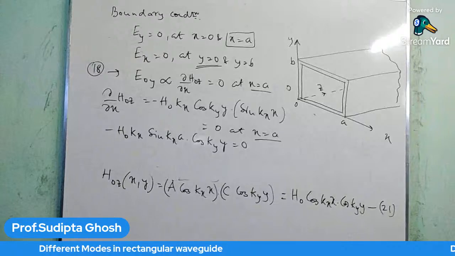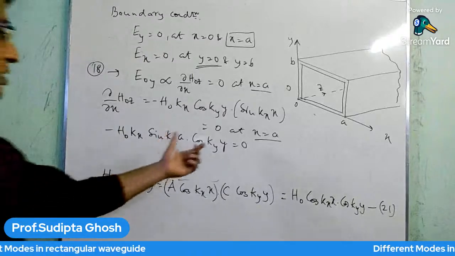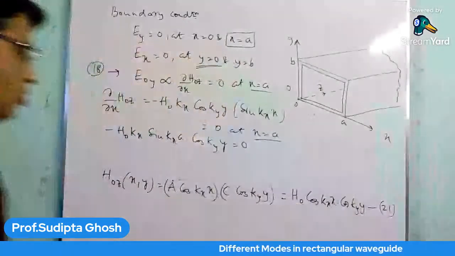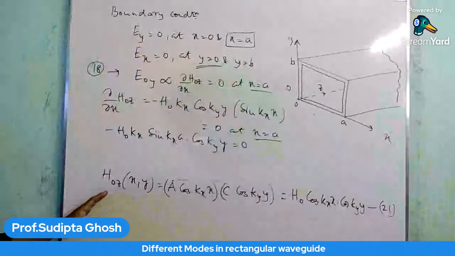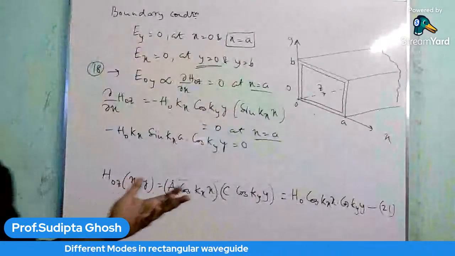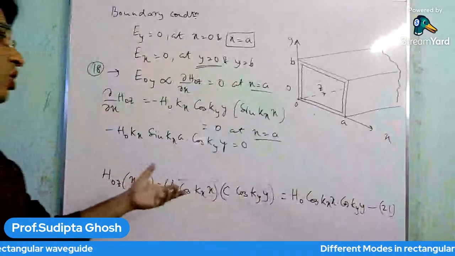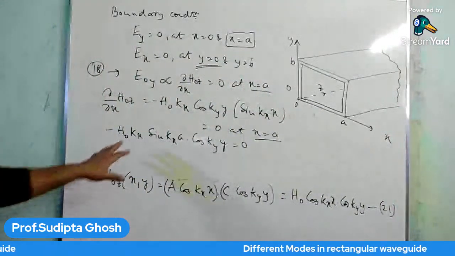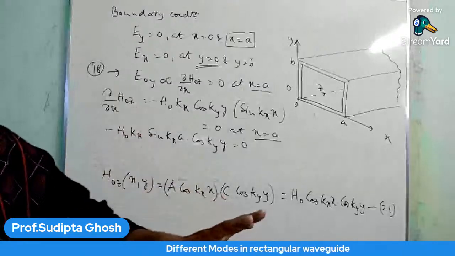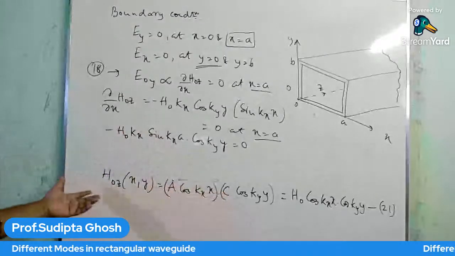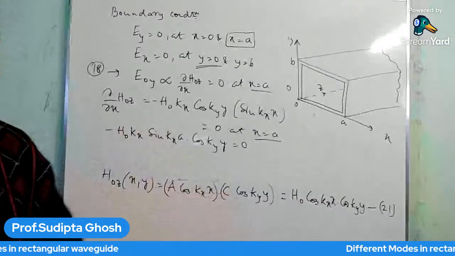Now if cos ky y equals 0, what will happen to equation number 21? Equation 21 will be 0. So you can't have cos ky y equals 0, and you can't have H0 equals 0, as again by taking H0 equals 0, equation number 21 will not be there.